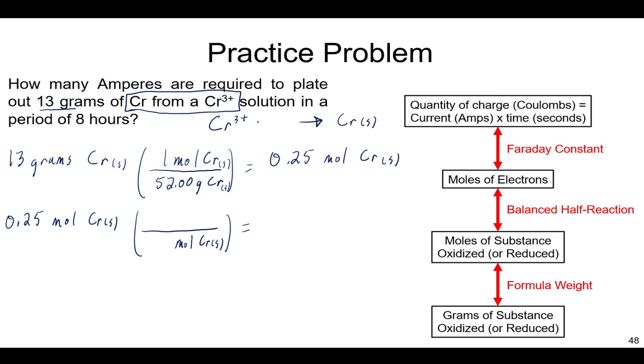The charges don't balance here. There must be 3 electrons involved, right? So this is reduction, it's gaining electrons. Chromium 3+ aqueous, gaining 3 electrons and making chromium solid. And now I realize that I have a ratio here, the 1 is implied here, of 3 to 1. So this is 1 mole of chromium per 3 moles of electrons.